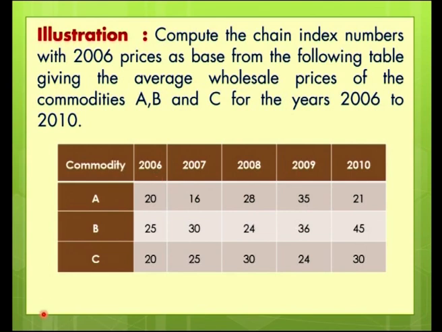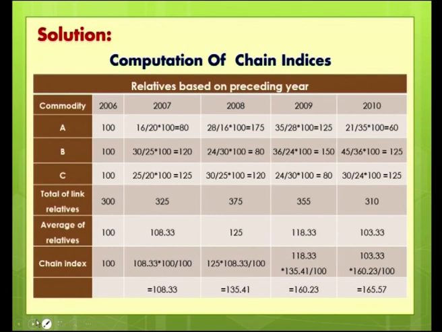When 2006 is fixed as base, the chain based indexes are calculated by fixing 2006 values as 100. So, for the commodities A, B and C, the 2006 chain based index values are fixed as 100, 100, 100 respectively.